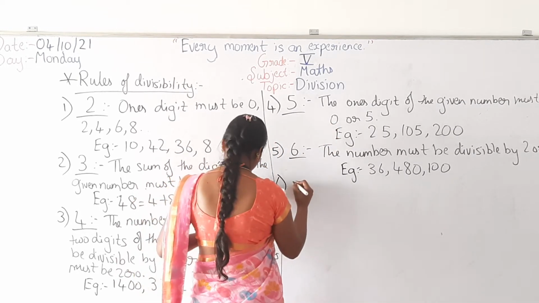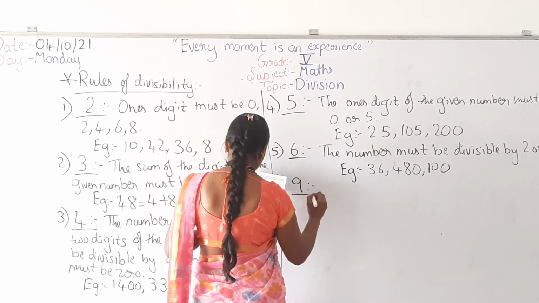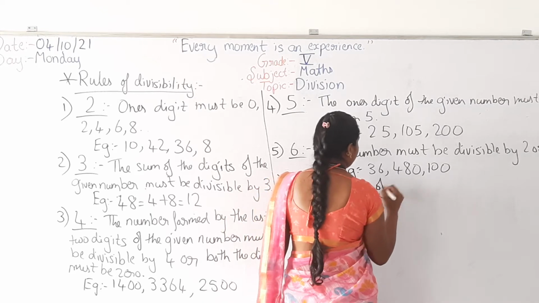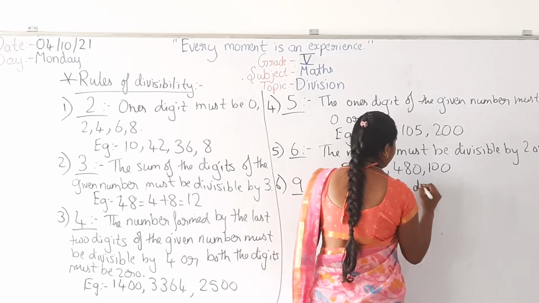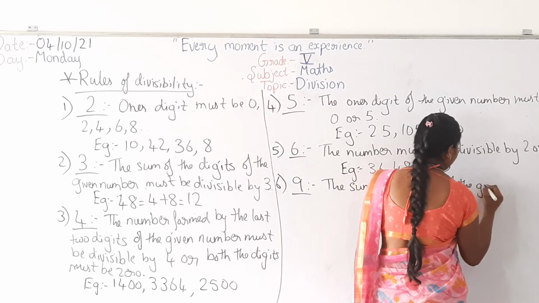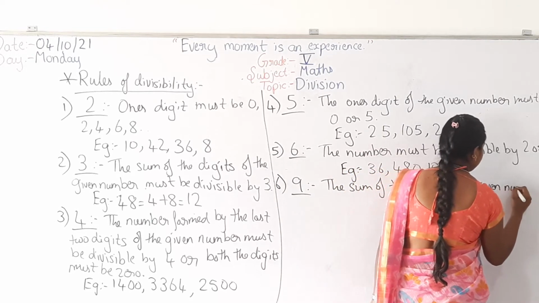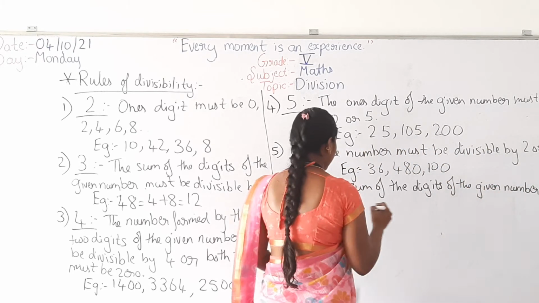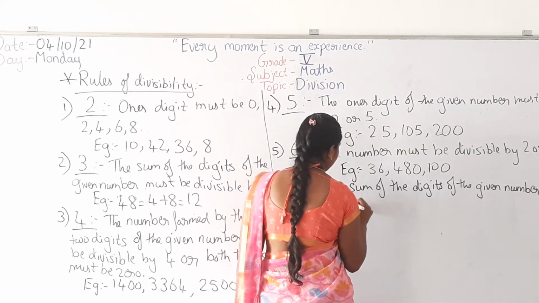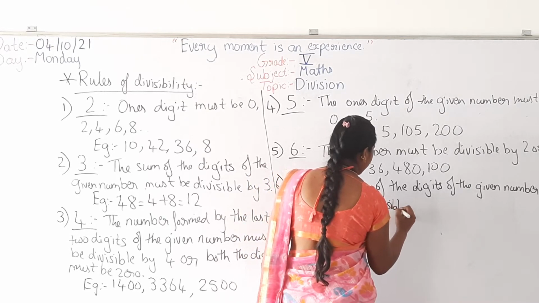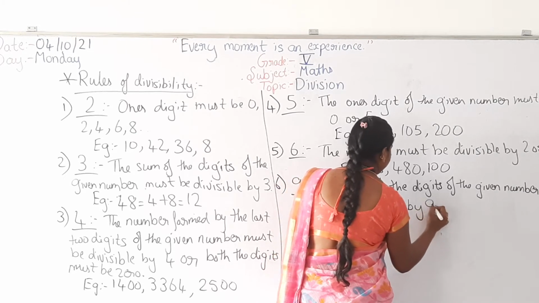Then the next number is 9. The sum of the digits of the given number must be divisible by 9.